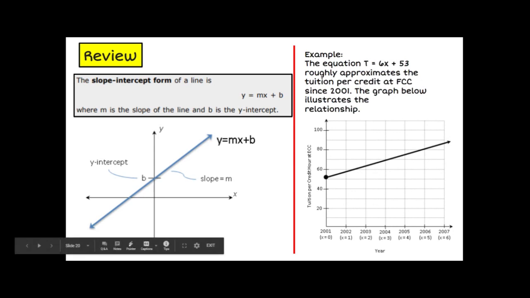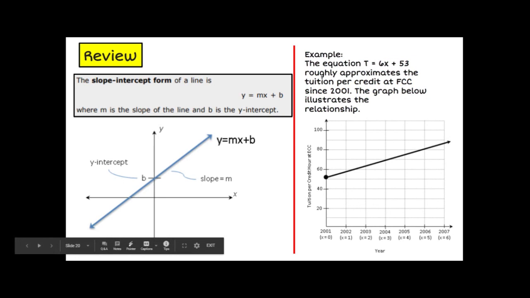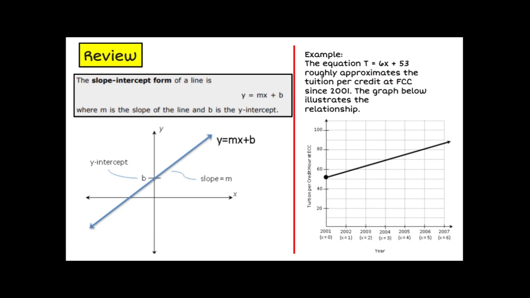The 6 is the increase per year, and the 53 represents the initial tuition per credit hour in 2001. So as we progress into the relationship between two variables, it's important to keep in mind these meanings behind the slope and the y-intercept.